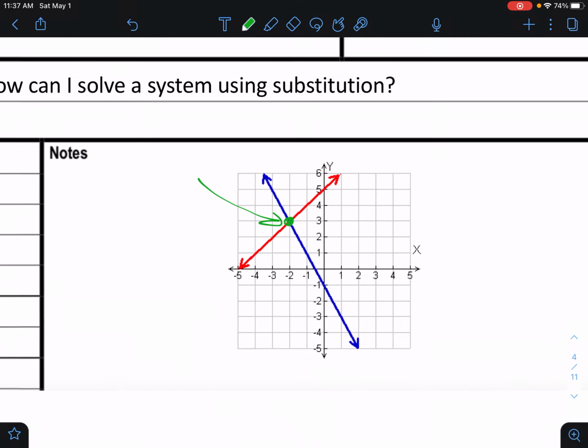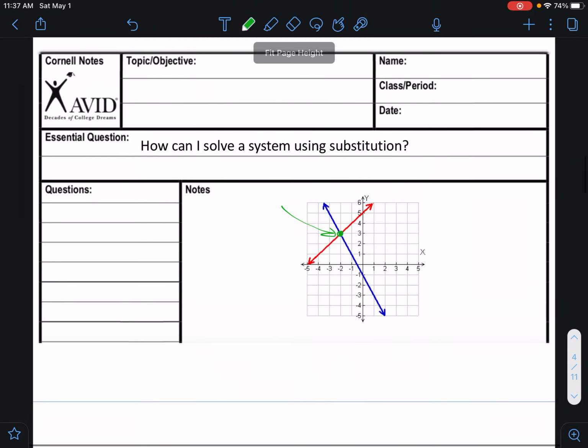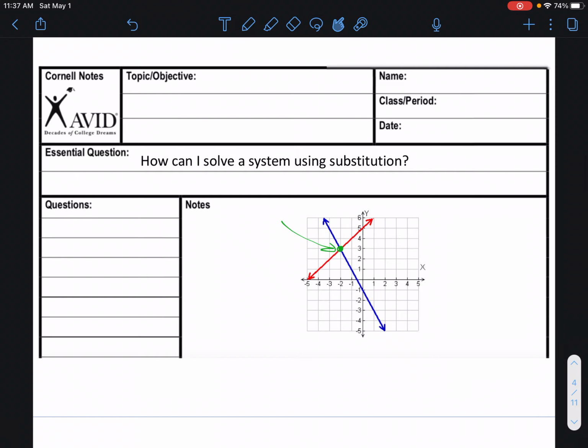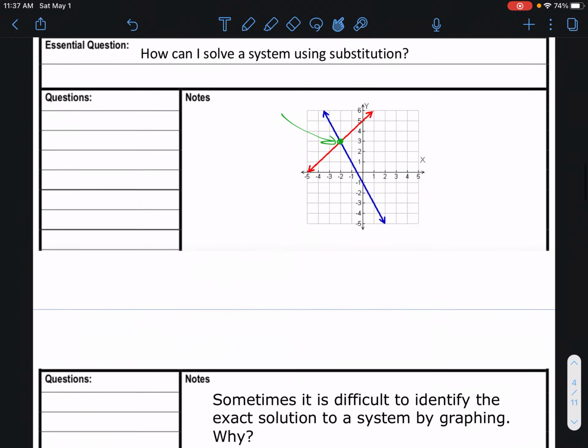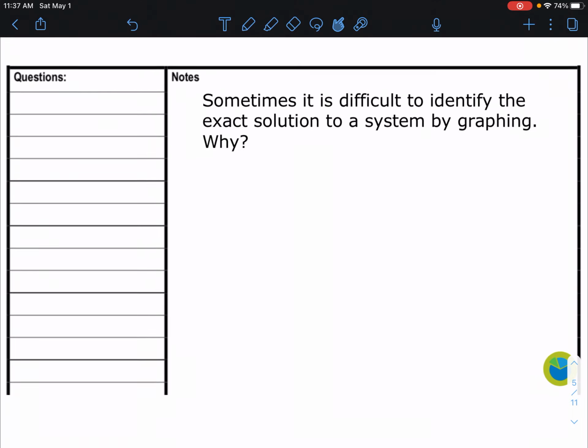But we're trying to find where they cross, no matter what happens. So we've done that graphically. We can also do this algebraically and figure out where they cross. So that's what we're going to do the next few days: use algebra to figure this out. The reason we need algebra is because graphing doesn't always work.